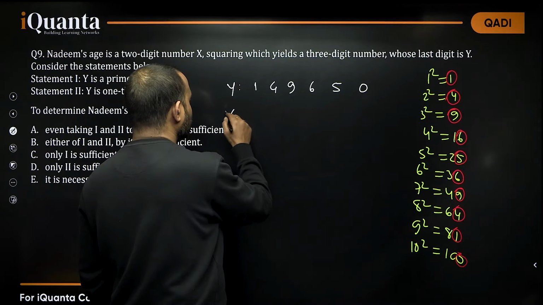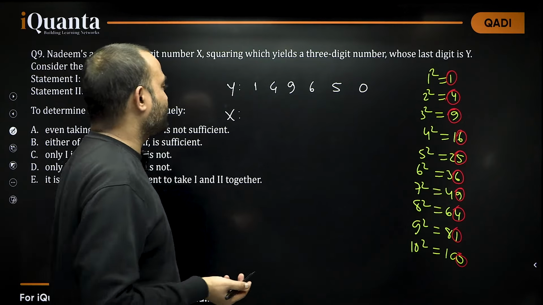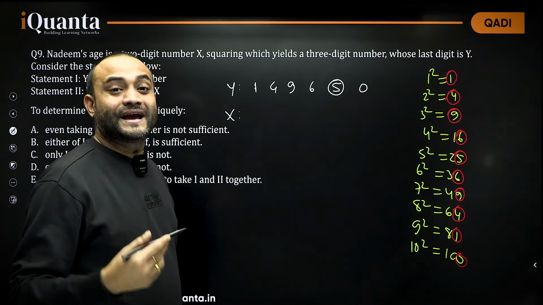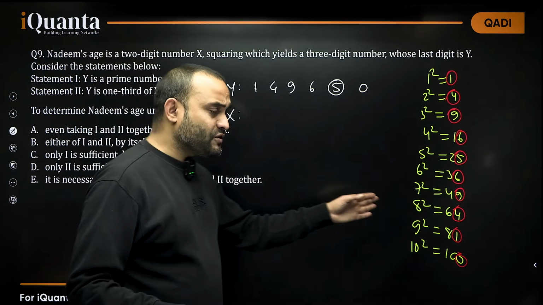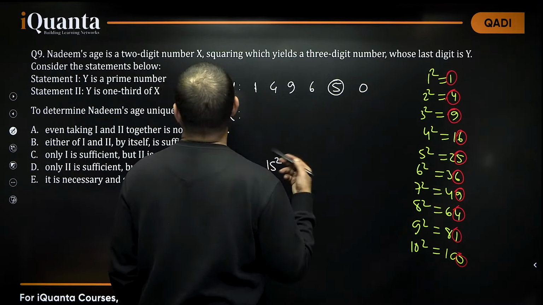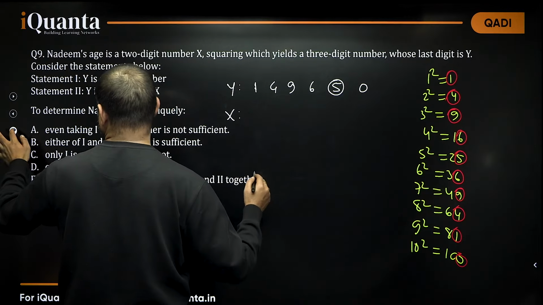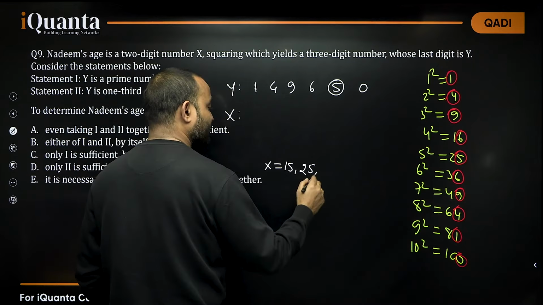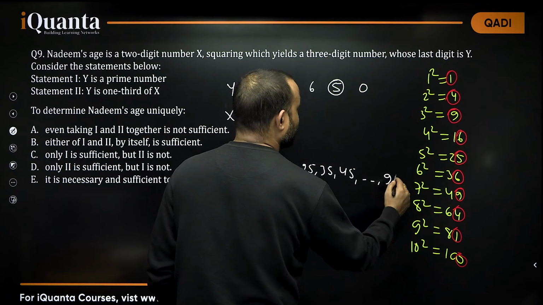If y is 5, what can we say about x? x could be any number ending with 5: 15, 25, 35, 45, up to 95.